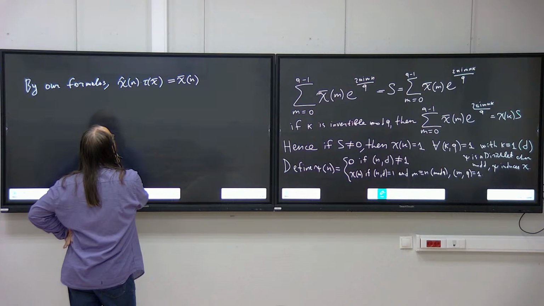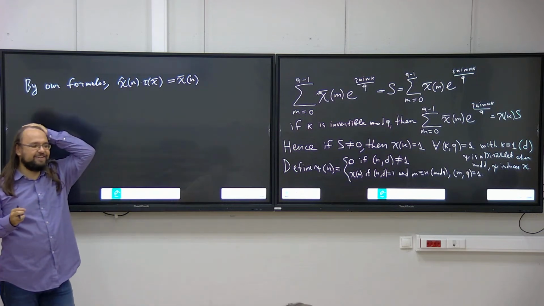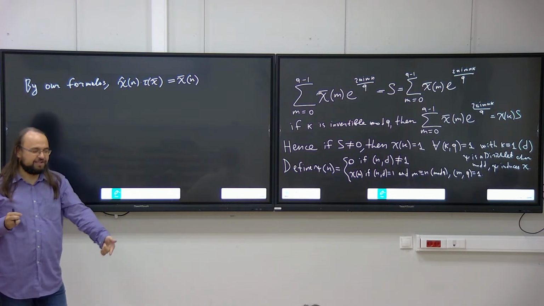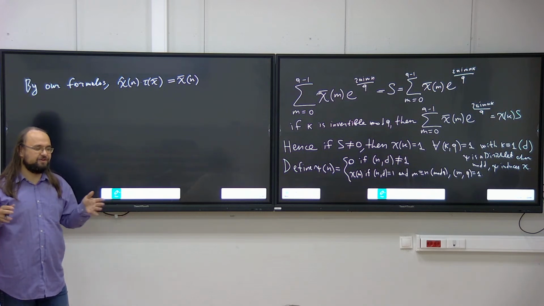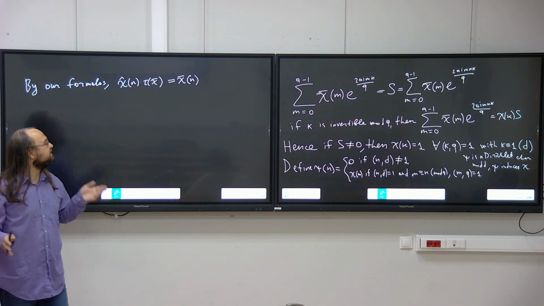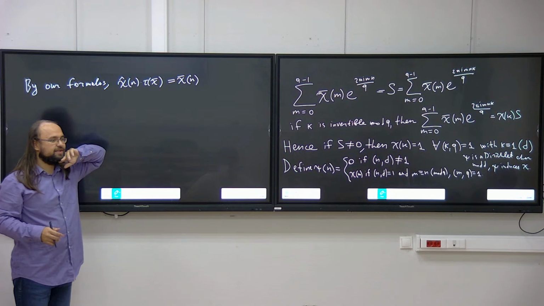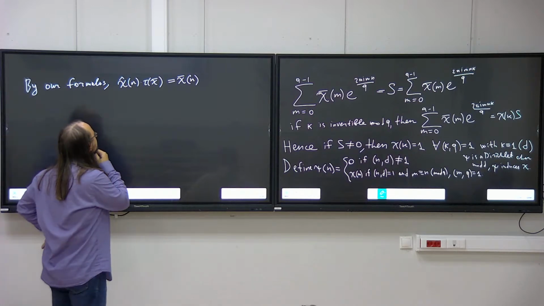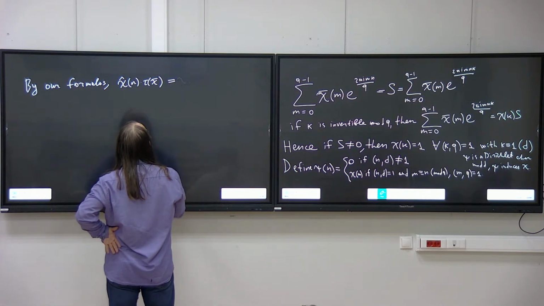So, what did I prove? It's still right. So we know that if you multiply your character by this Gauss sum, then it has an expansion in terms of this exponential sum. Still false, but okay. So what did we prove?